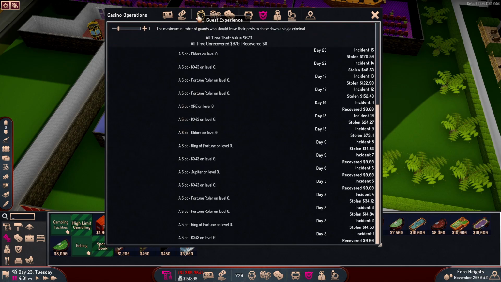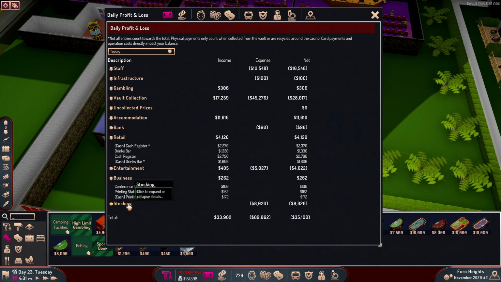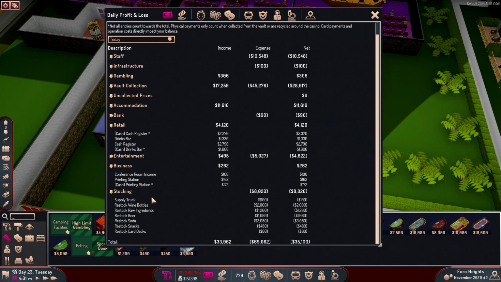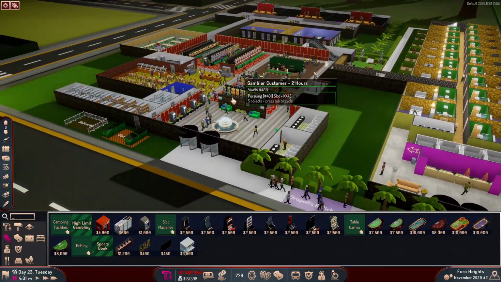Nope. Can't do any of that. So, moving on from that. And then stocking, obviously, anything that comes in off the truck that we need to restock in our casino. Wine, ingredients, beer, soda, all of that kind of stuff. Everything that we have to pay to ship in to keep everything restocked here in the casino.